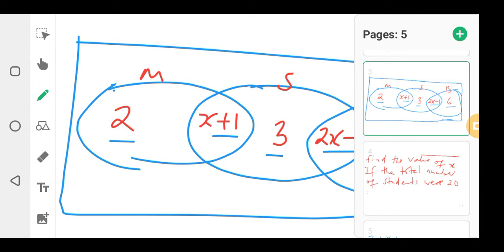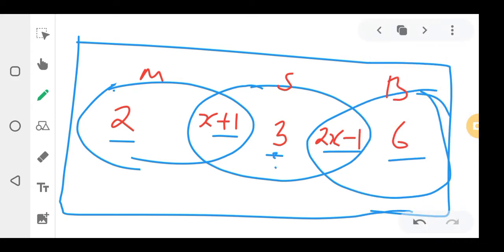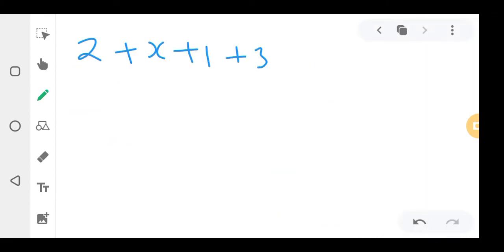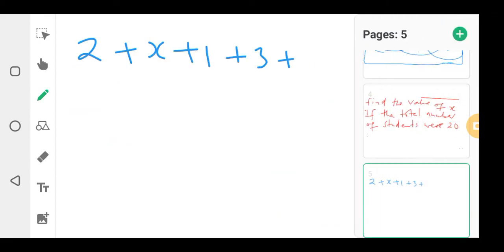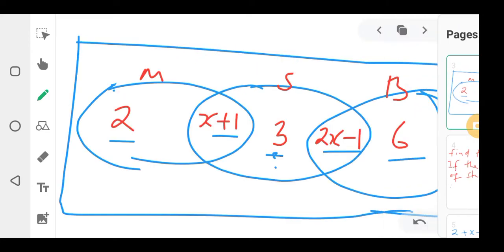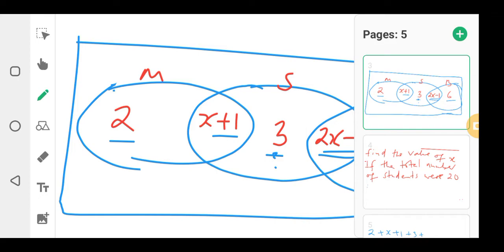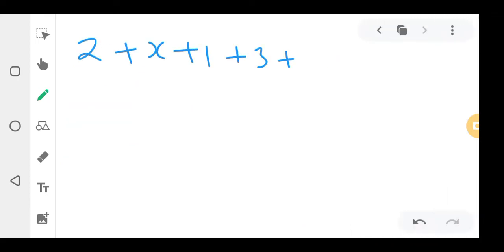As you can see, there are 3 here. So plus 3, plus the next number, 2x minus 1, and then plus 6. 2x minus 1 plus 6, and all must be equal to 20. You see, that's how you find the value of x.